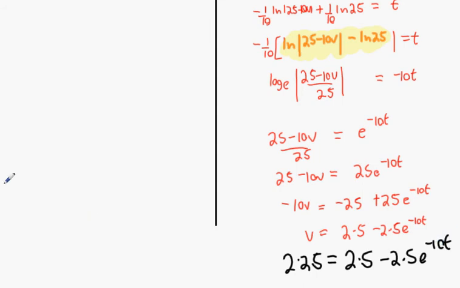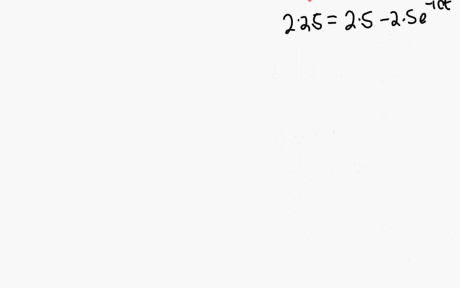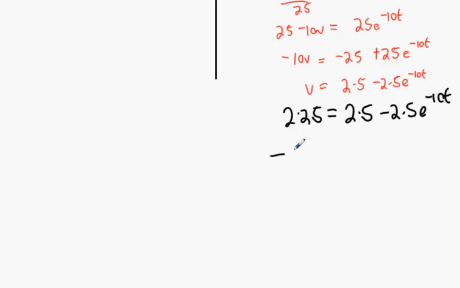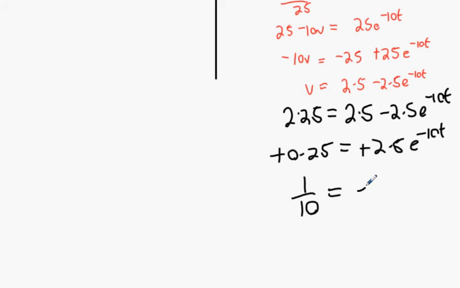Take away 2.5 and you get minus 0.25 equals minus 2.5 e to the minus 10t. Multiply both sides by negative, which gives a positive. Divide one by the other, so a tenth equals e to the minus 10t.